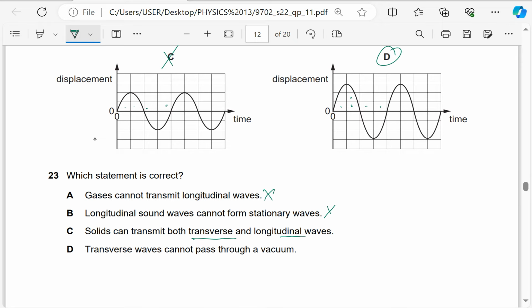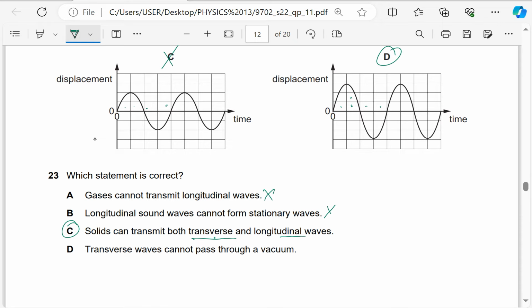Which statement is correct? Gases cannot transmit longitudinal waves. Longitudinal waves cannot form stationary waves. That is not correct. They can form. Solids can transmit both transverse waves and longitudinal waves. This statement is correct. We have seen sound going through solids.